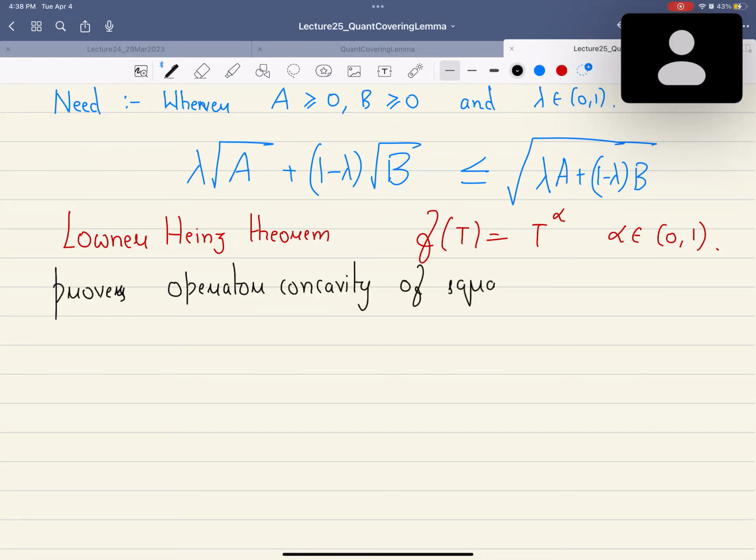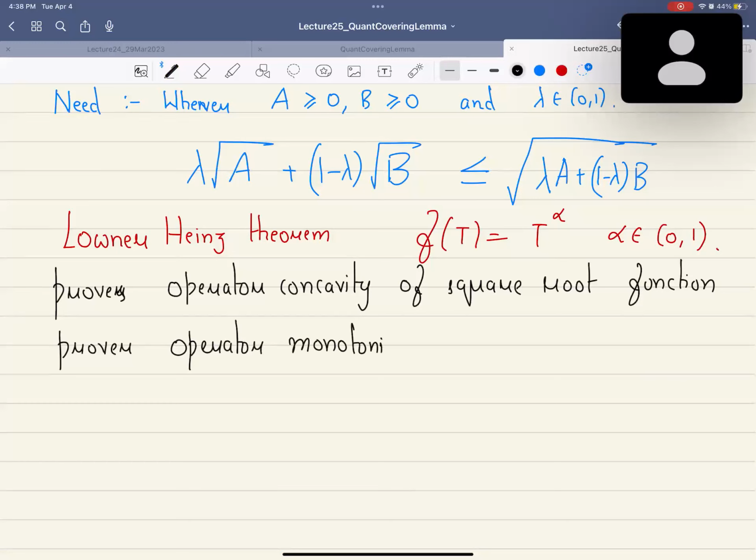It also proves something more, which I will use at a later point. It also proves monotonicity of the square root function, operator monotonicity. That's also not obvious. Absolutely not. Operator function.